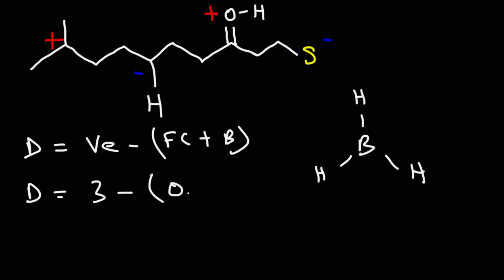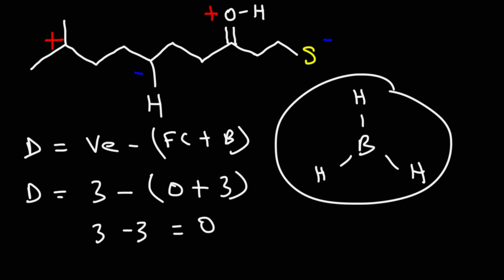It has no formal charge. There's no plus charge, no negative charge on the boron, but it has 3 bonds. So this becomes 3 minus 3, which is 0. Because we got 0, that means that boron doesn't have any lone pairs on it. So this is another molecule with an incomplete octet.